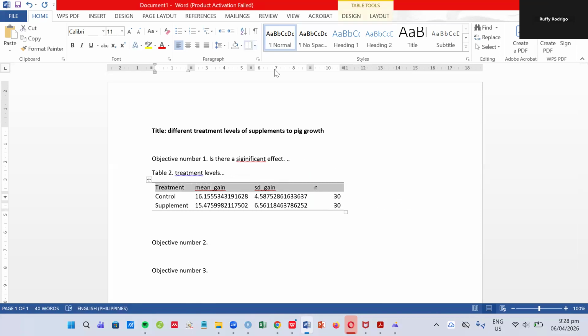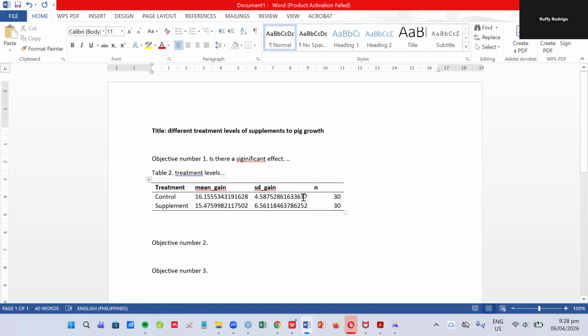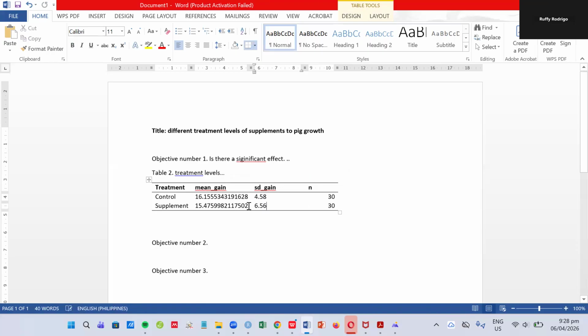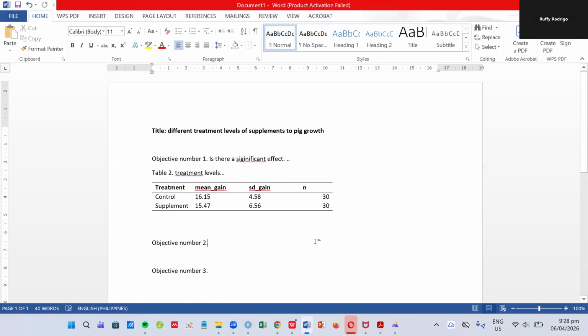You are the author. This is your research, so you should know exactly what you're doing. But usually, you can also clean this table in Excel. I think it's easier, and that's what I usually do, because it would definitely give you clear results.